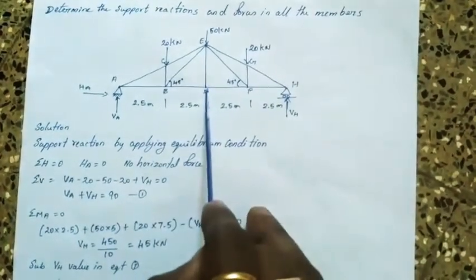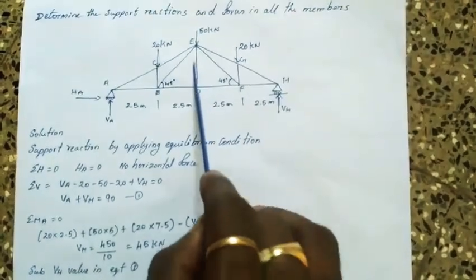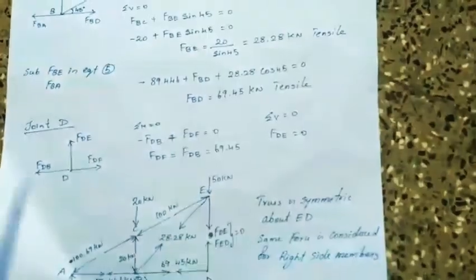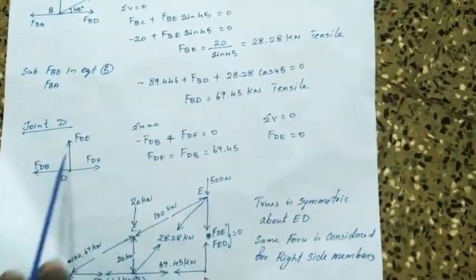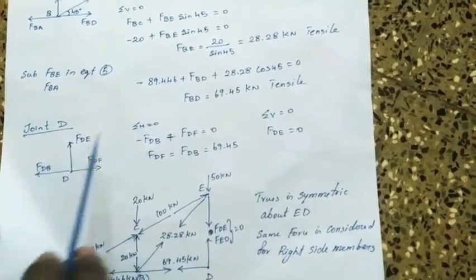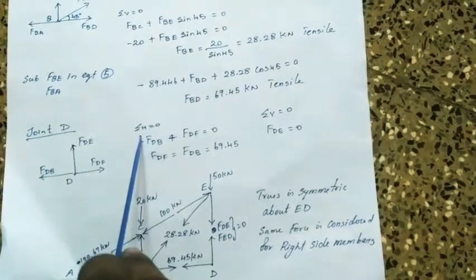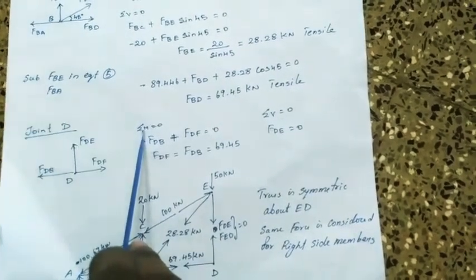Now come to the joint D. In joint D, we have 3 members, DF, DE and DB. So we have to consider these 3 member forces, which is FDF, FDE and FDB. By applying the equilibrium condition, summation of horizontal forces equal to 0.